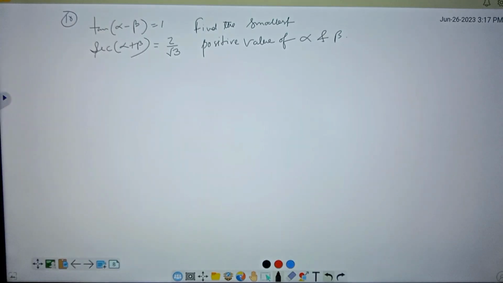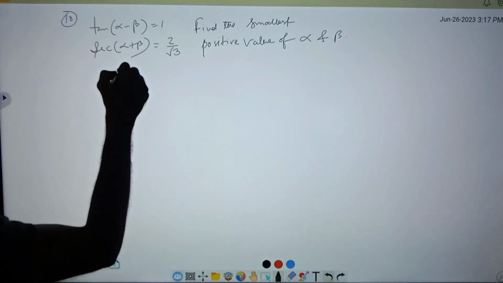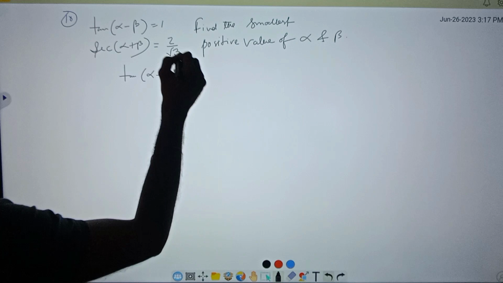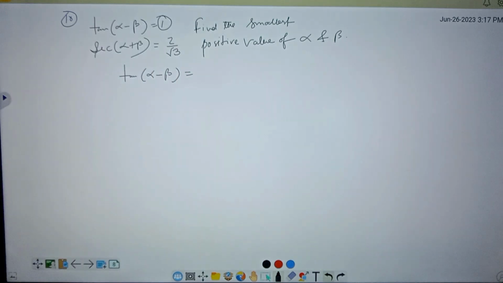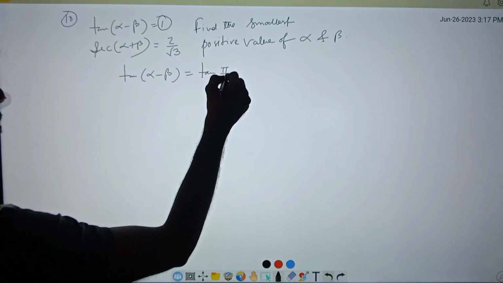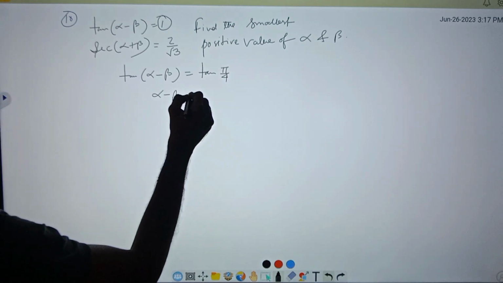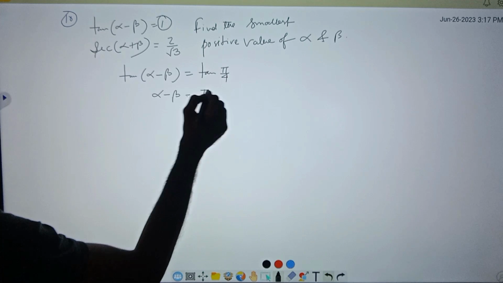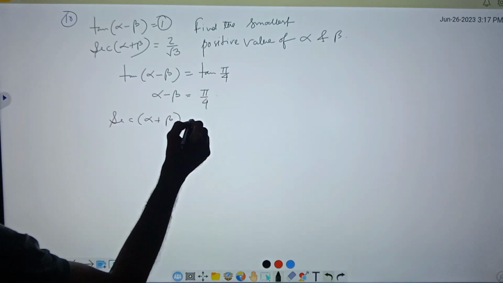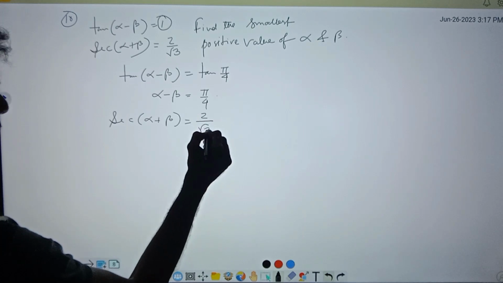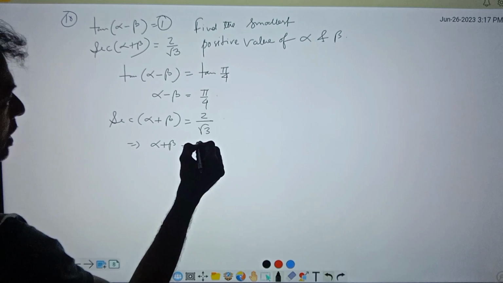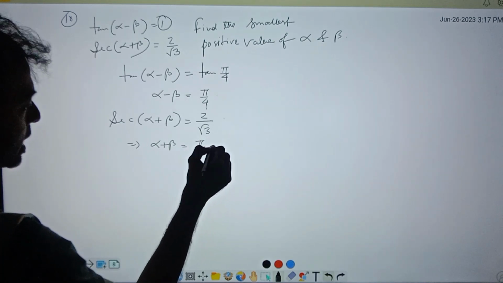So here, if we write tan of alpha minus beta, the basic problem is something like this. Here it has been given 1, and we all know that that is equal to tan pi by 4. So if you write alpha minus beta equals pi by 4 here, and sec of alpha plus beta equals 2 by root 3, now alpha plus beta is definitely going to be 30 degree, that is pi by 6.